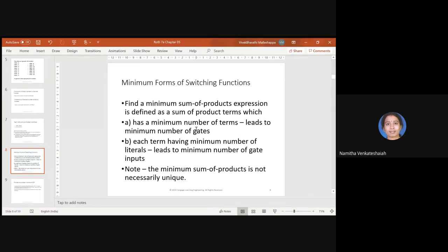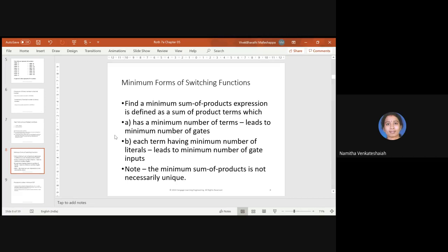For that particular circuit, when you minimize the equation, the number of gates required will obviously be less. And also, students, each term has a minimum number of literals. So what do you mean by term and what do you mean by literal?